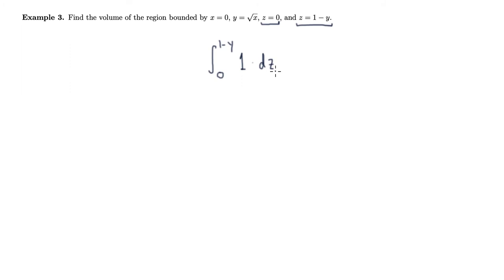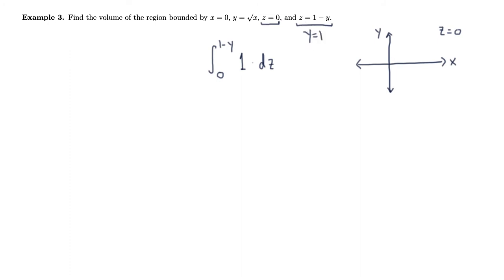So now let's think about what values of x and y we're fixing to allow z to vary between 0 and 1 minus y. So let's look at the xy plane and see what bounded area region that is. First of all, recall that the xy plane is the plane z equals 0. So if I set z to be 0, this equation reduces to y equals 1.